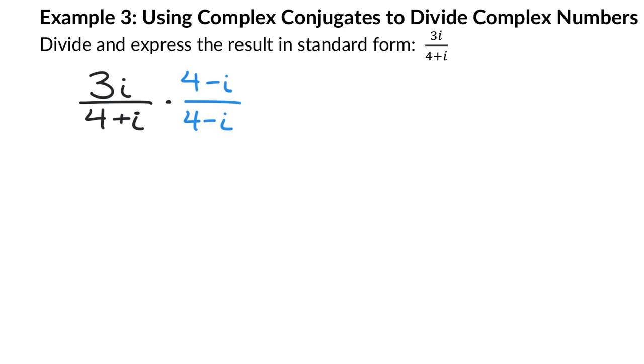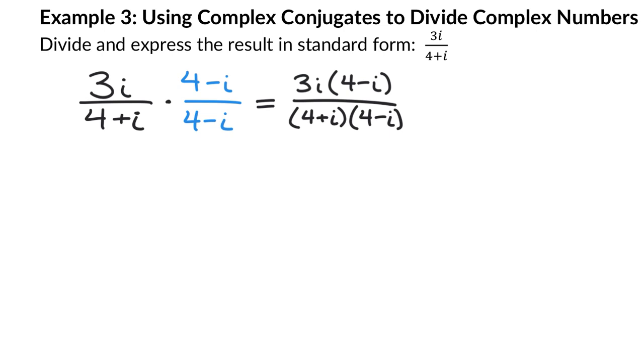This means that we are going to have a distribution problem in the top, 3i times 4 minus i, and a double distribution problem in the denominator. If we take care of that numerator first, it's just regular distribution, that'll end up being 12i minus 3i squared.